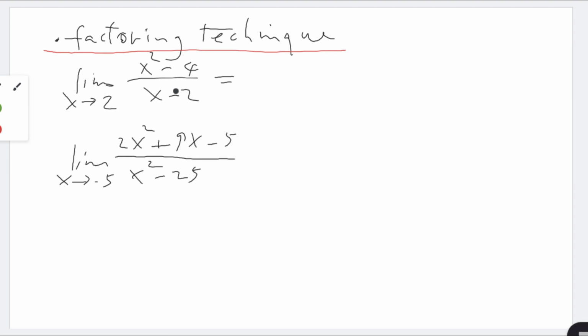So the whole point is to try to get rid of this trouble factor, this bad guy, by factoring and cancellation. This is why it's called a factoring technique. We try to factor, try to simplify. We don't know what we'll get, we'll just try to factor.